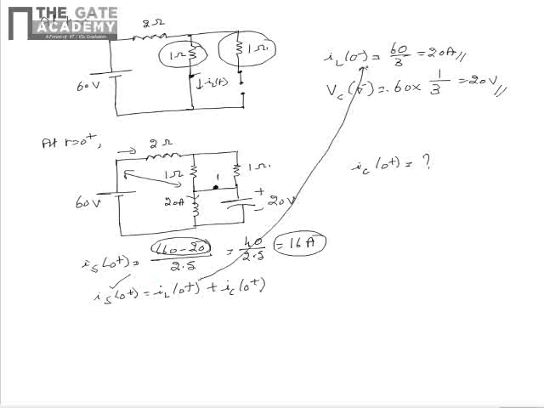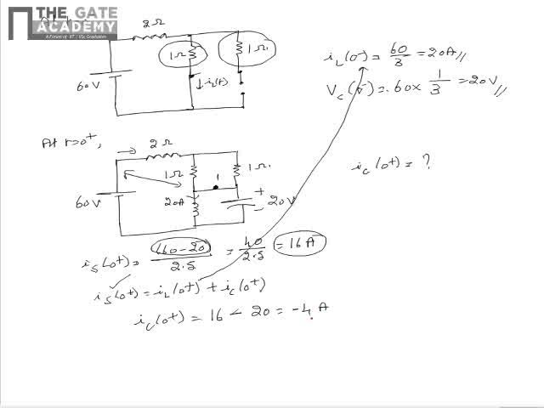We also know that IL of 0 plus is 20 ampere, as inductor does not allow abrupt change in current. So from this we can say that IC of 0 plus is equal to IS of 0 plus, that is 16 ampere, minus IL of 0 plus, that is 20 ampere, which upon simplification becomes minus 4 ampere.